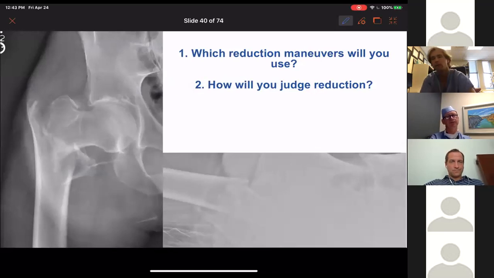When I was at Harborview, Henley used to always say these reduce better in external rotation than internal rotation. Does he ever tell you that, Sean? Yeah, absolutely. I think that's interesting, and I think it's true, and it complicates things pretty significantly for me. We'll show that in just a second.